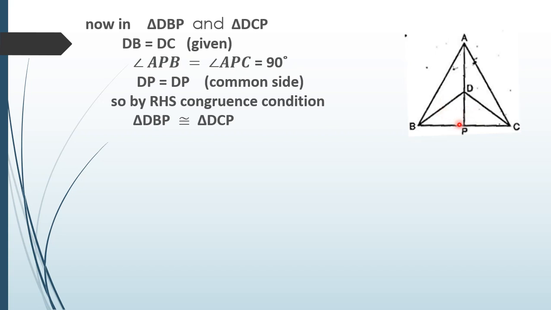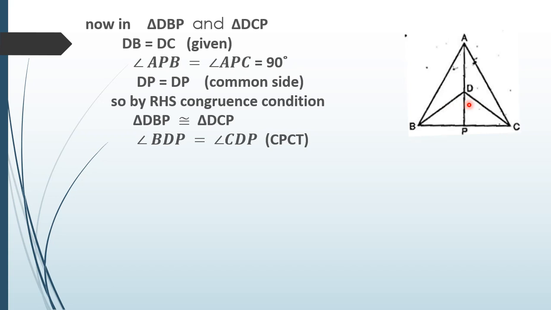So by RHS congruence condition, triangle DBP and triangle DCP are congruent triangles. So we can write angle BDP is equal to angle CDP, as the triangles are congruent, so corresponding parts of congruent triangles are also equal.